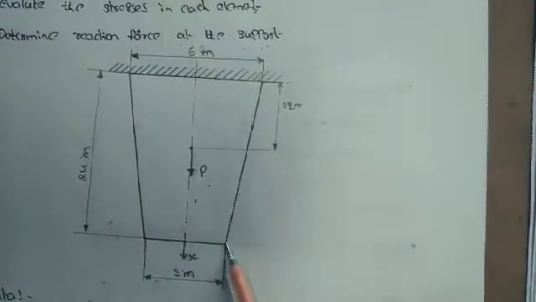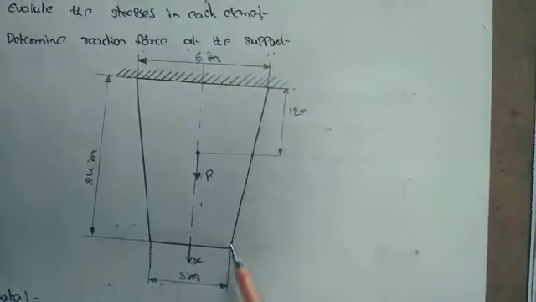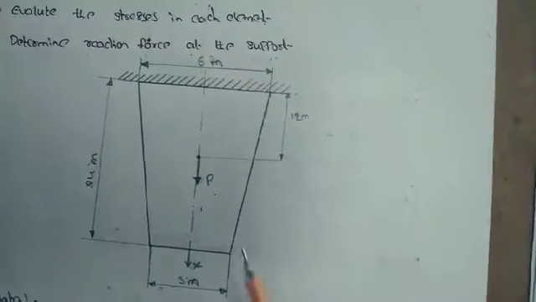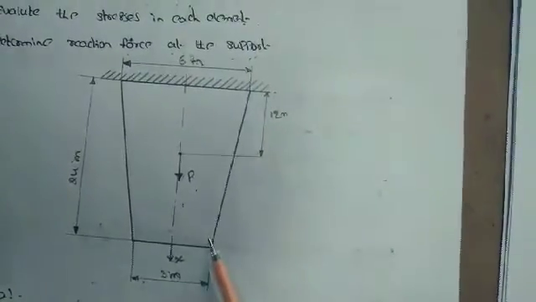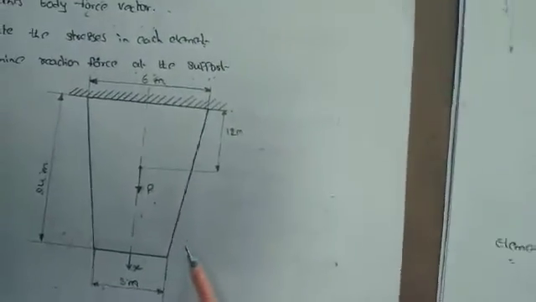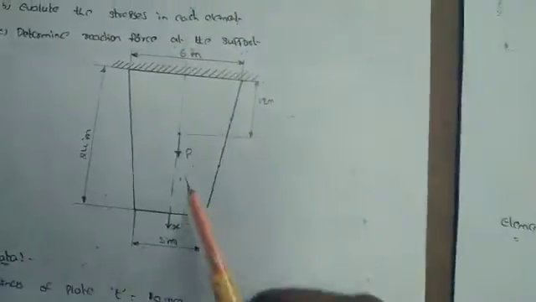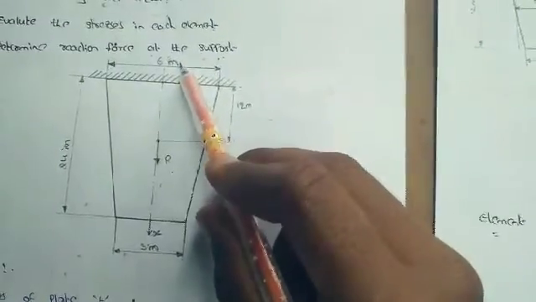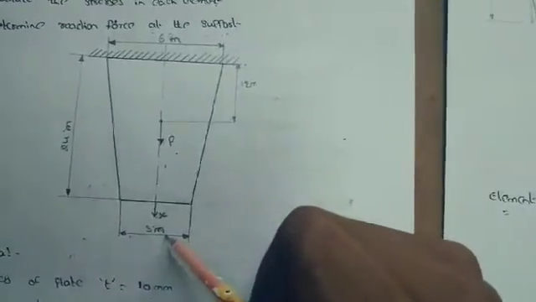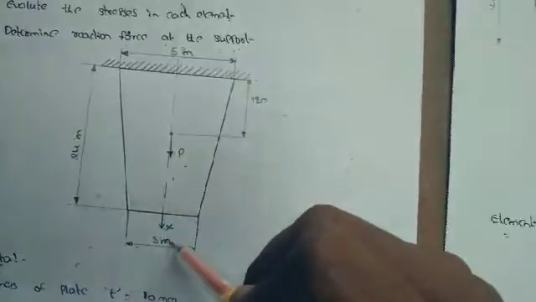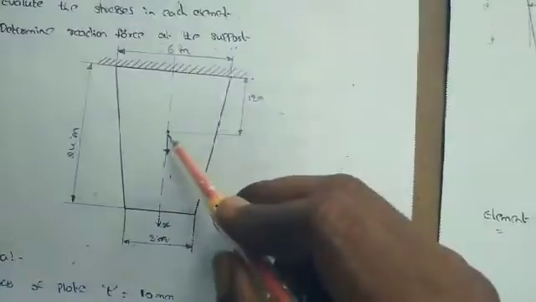We have to model this figure into two finite elements. Here this is 6 meter and the bottom is 3 meter length. What is the length at the center? 6 plus 3 equal to 9, divided by 2, means 4.5.